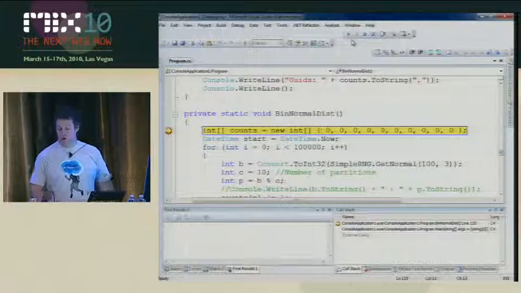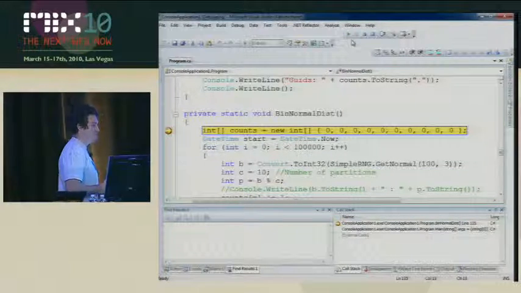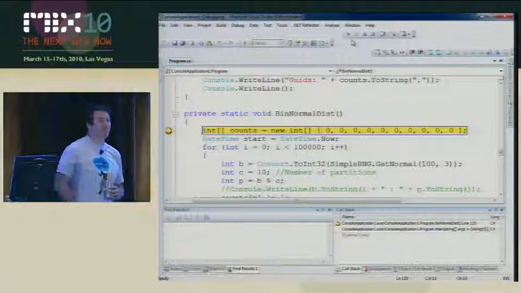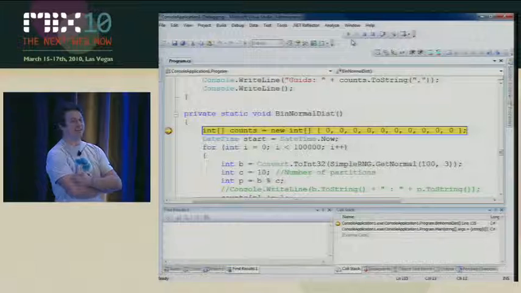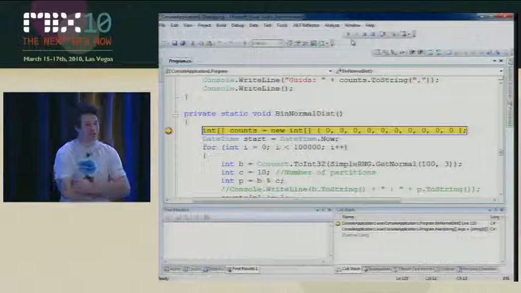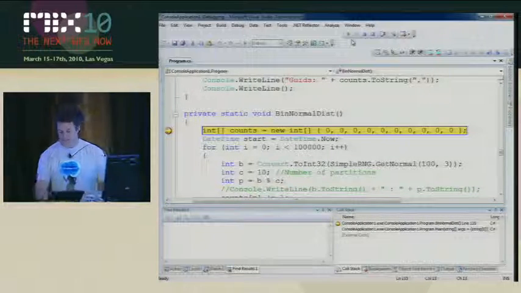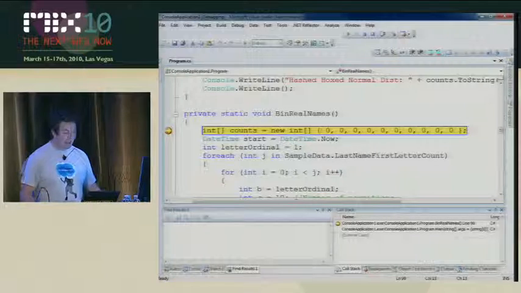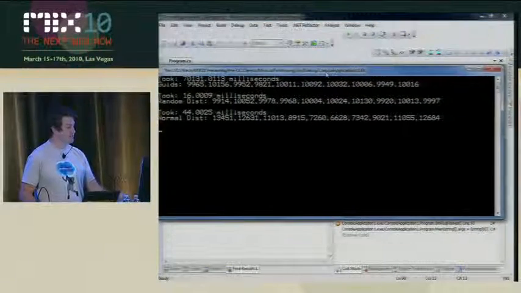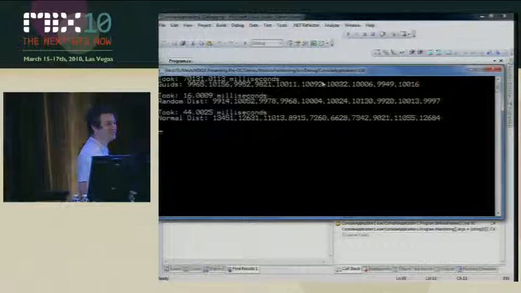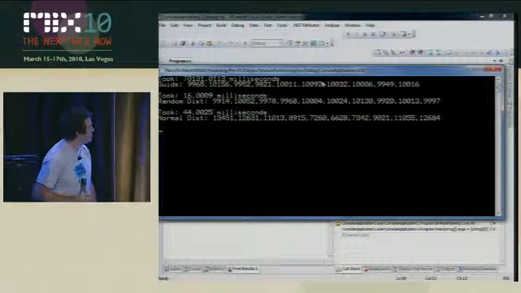What if we bin a normal distribution? What are we going to get? What are our buckets going to look like? Like a bell curve of buckets, right? Exactly. We're going to get a bell curve of buckets. And it's pretty obvious. Right? There's our bell curve.